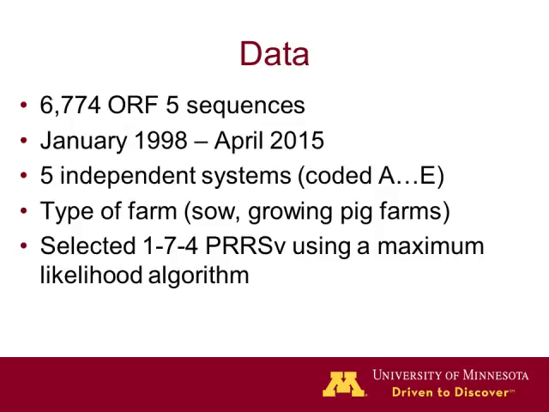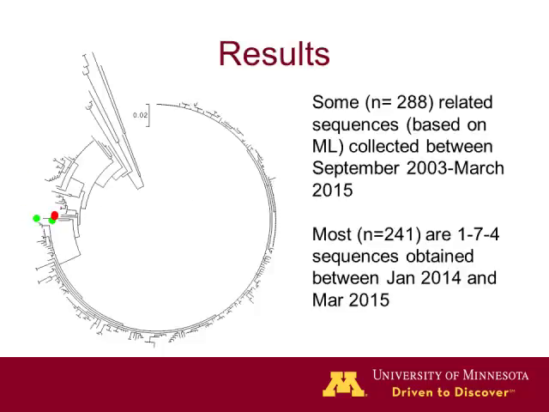And then we ran a basic algorithm. We built a dendrogram to identify those that would be considered 174 PRRS viruses. And this is what we found. We found that almost 300 sequences were related to each other and may be considered part of this big family, collected between September 2003 and March 2015.